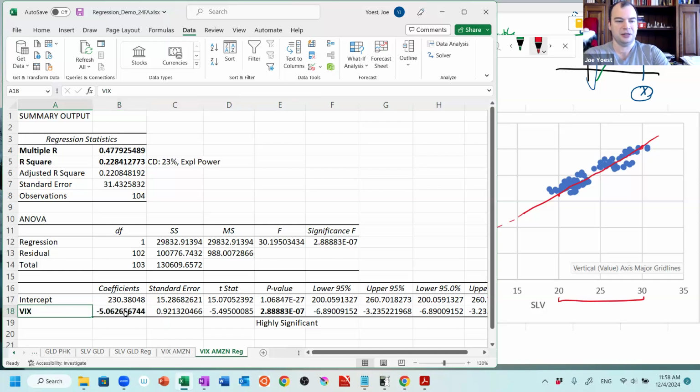The slope coefficient for VIX is negative, -5. So the higher VIX is, the lower we're predicting Amazon's stock price to be. The more volatility there is in the market, the lower we're predicting this stock price to be.